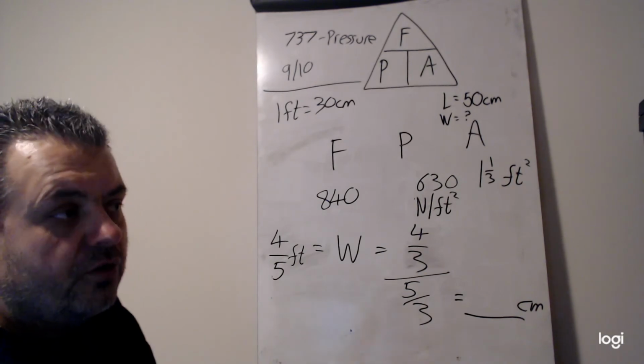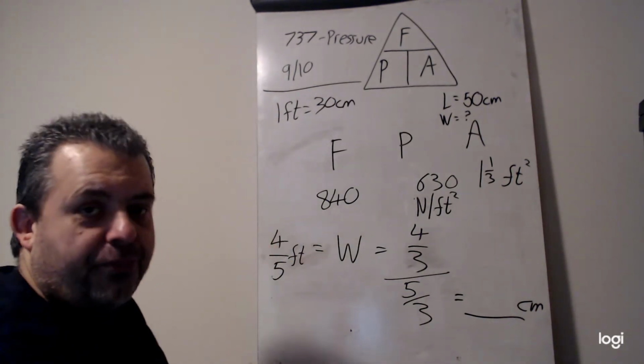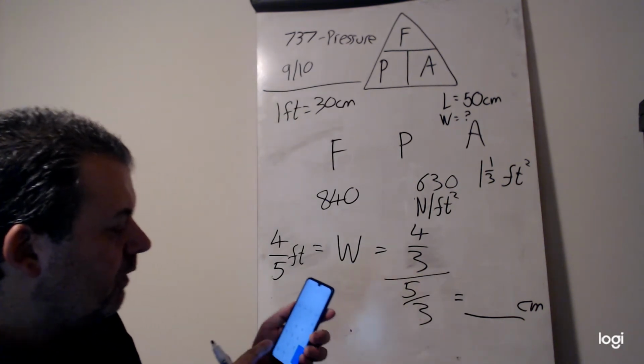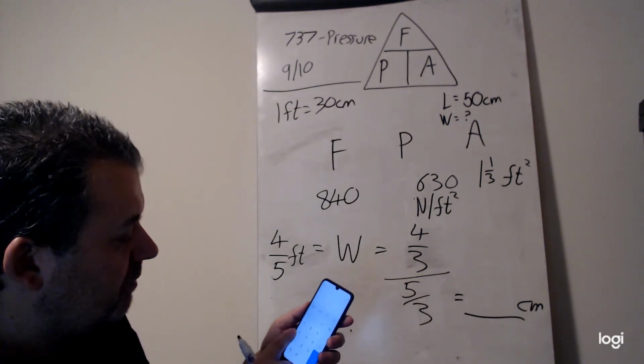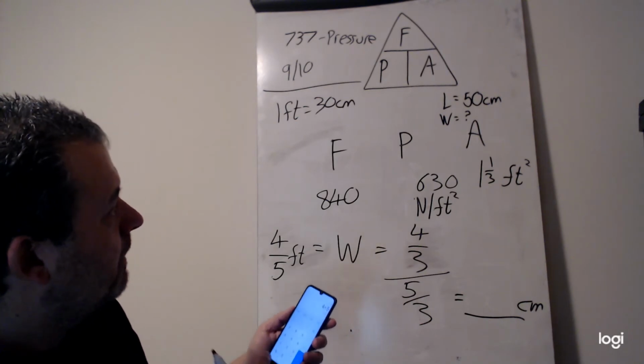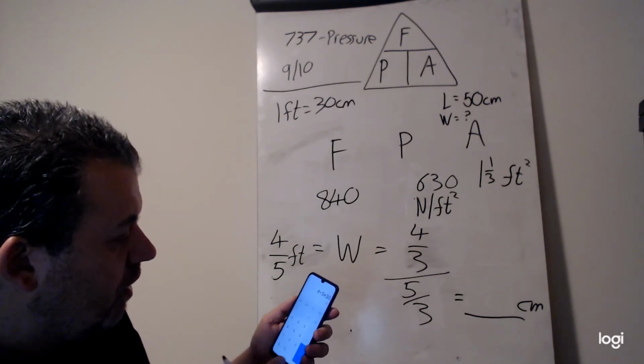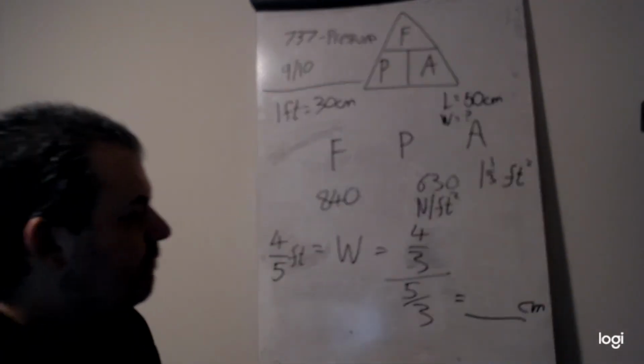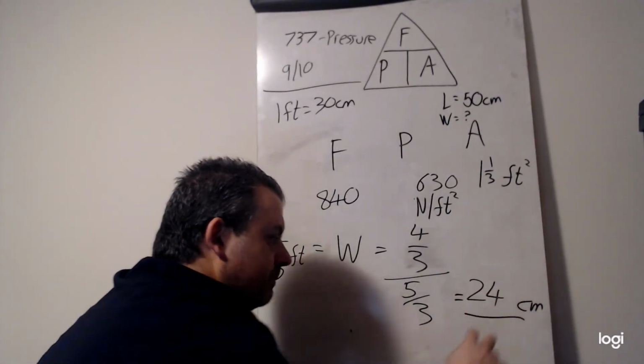We want 4/5 of 30 centimetres to be our answer. Of means times, so we need to times it. 4/5 of 30 is 24 centimetres.